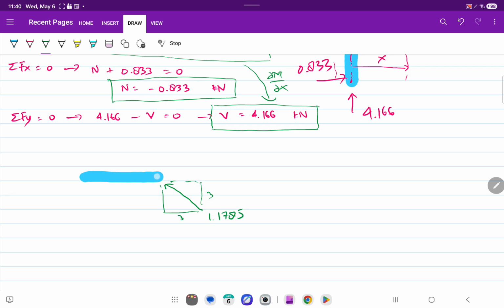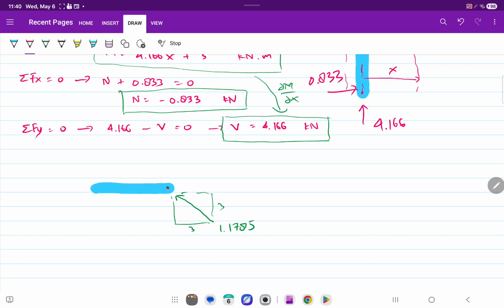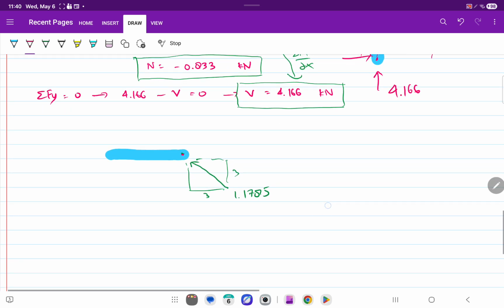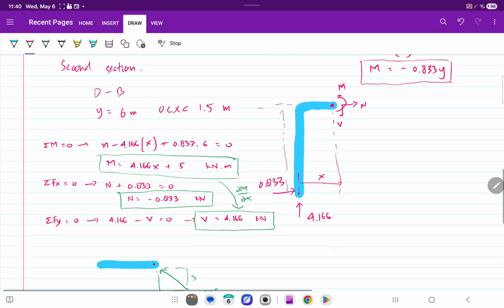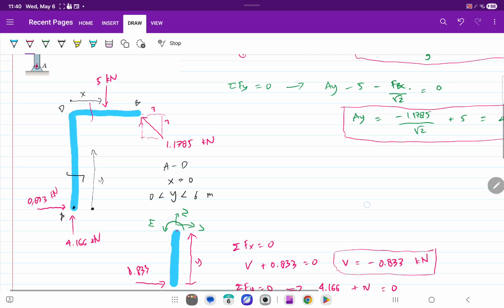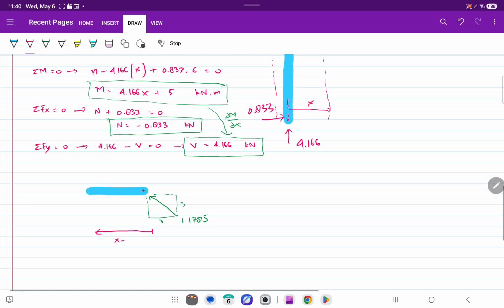And then if you call it that x, this one will be x minus, no, it will be 3 minus x. 3 minus x, yeah.